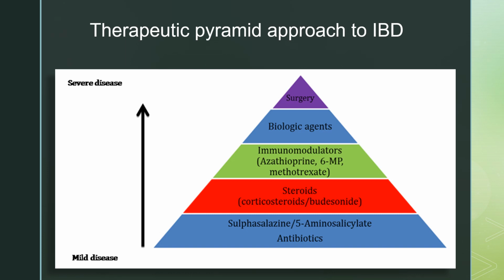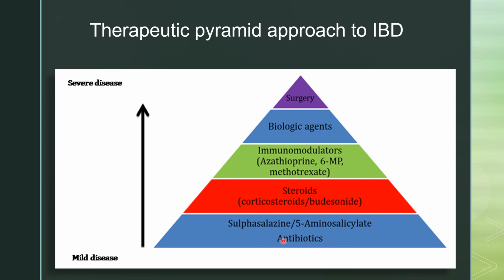Here is a therapeutic pyramid approach for inflammatory bowel disease. The lowest part, the least effective but least toxic, is the use of your sulfasalazine, your 5-aminosalicylates, and your antibiotics.